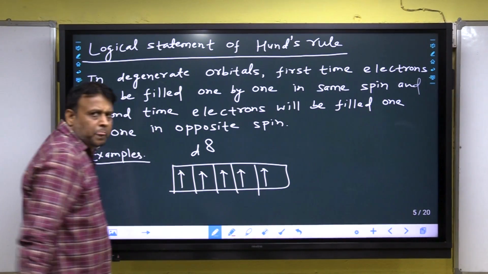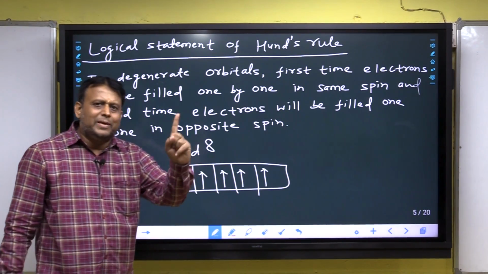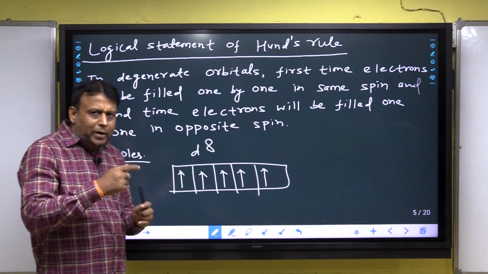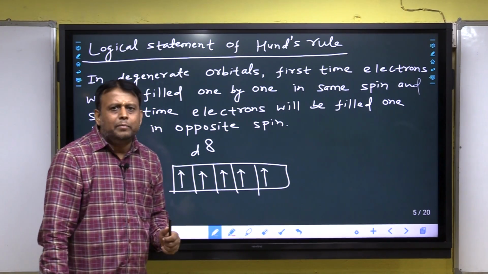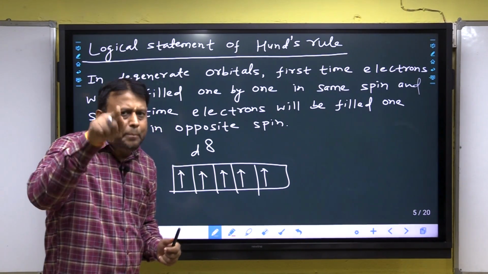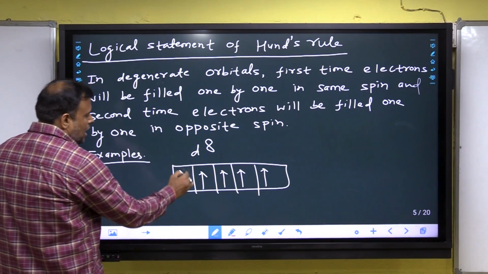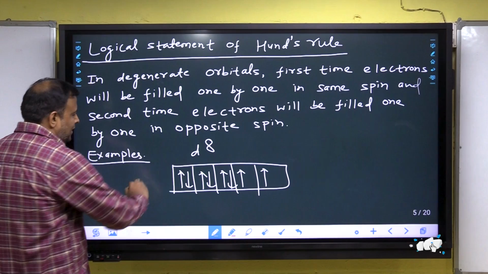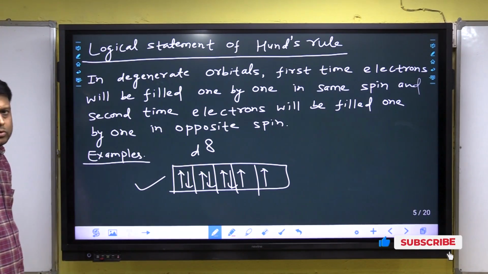First time, one by one in the same spin. Now, second time, when electrons are filled, they go one by one in opposite spin, and it is correct according to Hund's rule.